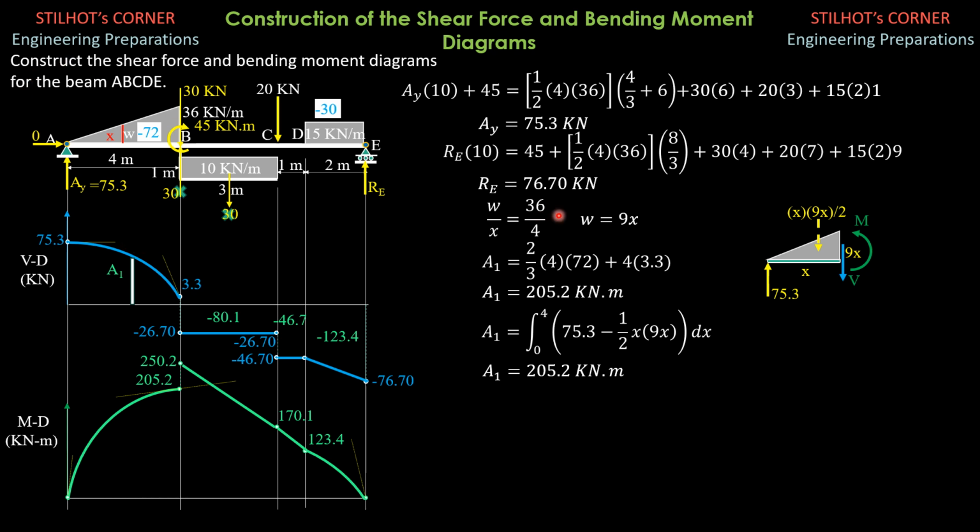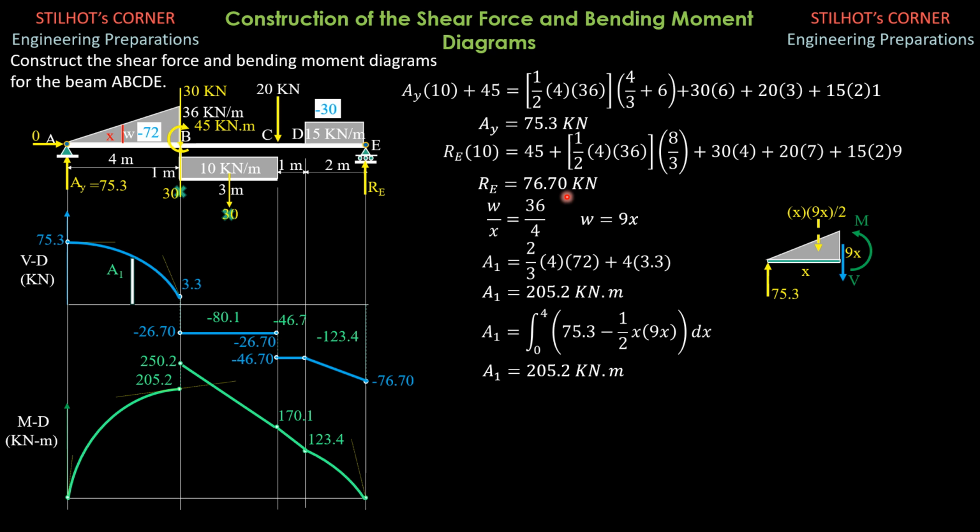So we have RE times 10, then plus 45, plus 1/2 of 4 times 36, and 2/3 of 4 is 8/3, plus 30 times 4, plus 20 times 7, then lastly 15 times 2 times 9. Solving for RE is 76.7 kilonewtons.